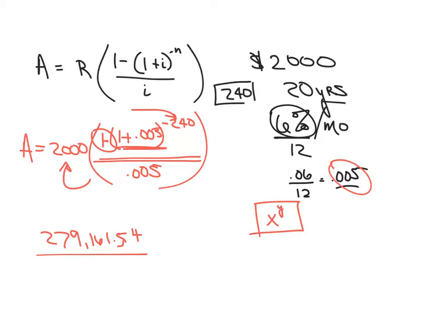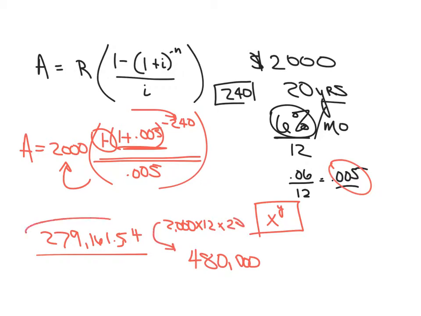Okay? So let's say that you just took $2,000 a month for 20 years, for 12 months each year. You would have spent $480,000. Okay, so $2,000 times 12 months times 20 years would give you $480,000.